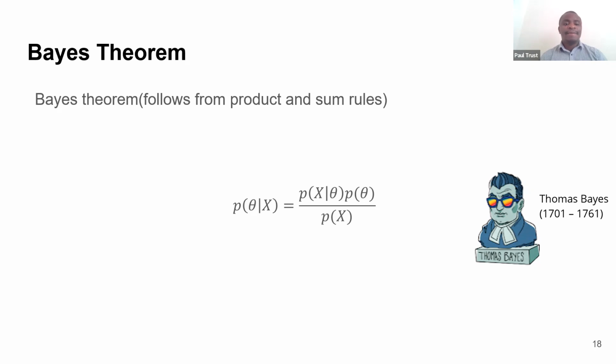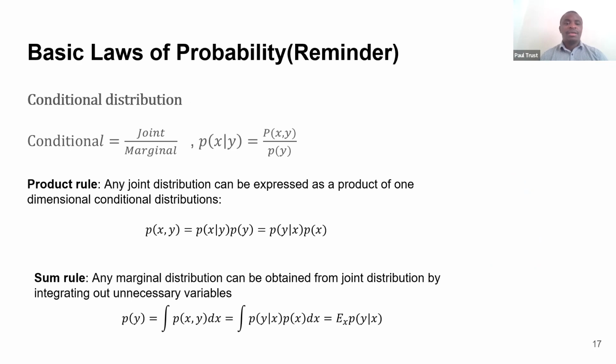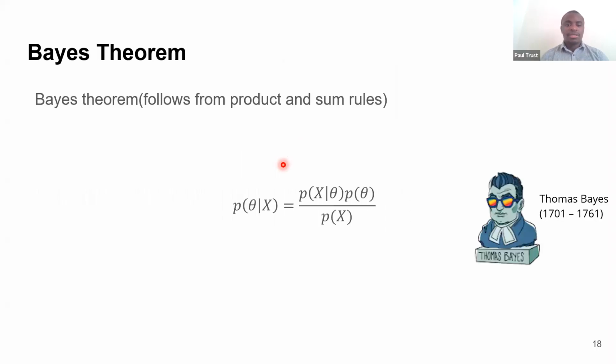It says that the probability of theta given x is probability of x given theta times probability of theta over probability of x. You realize that it's the same as this: probability of x given y equals probability of x, y over probability of y.